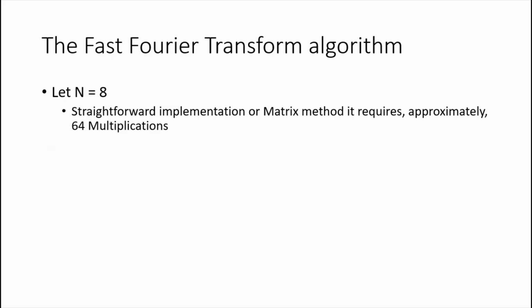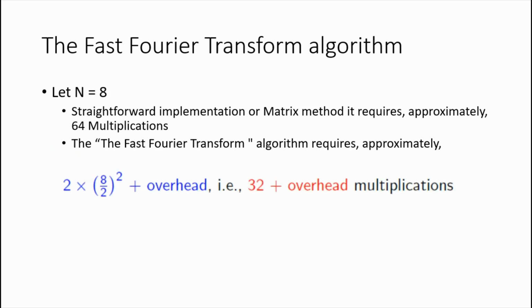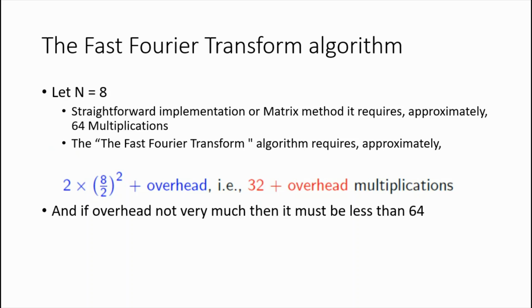Straightforward implementation or matrix multiplication requires approximately 64 multiplications, like N square. The fast Fourier transform algorithm requires approximately 2 into 8 by 2 whole square plus overhead, meaning 32 plus overhead multiplications. And if the overhead is not very much, then it must be less than 64.